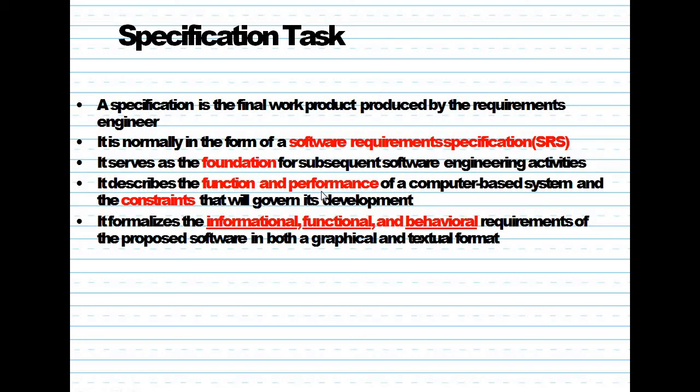It describes the function and performance of a computer based system and the constraints that will govern its development. It formalizes the informational, functional, and behavioral requirements of the proposed software in both a graphical and textual format.